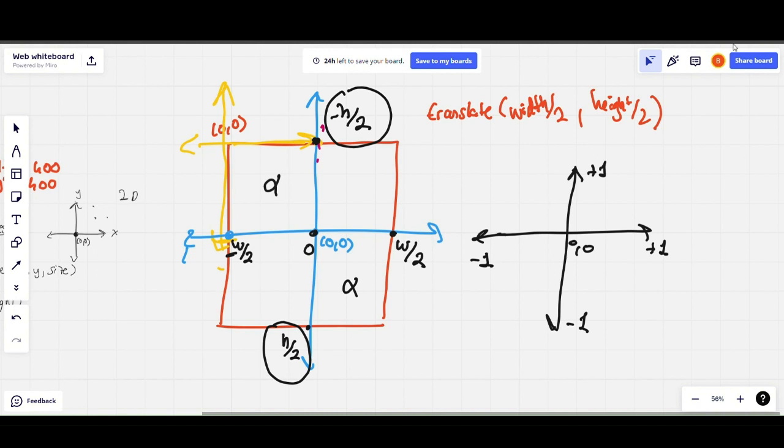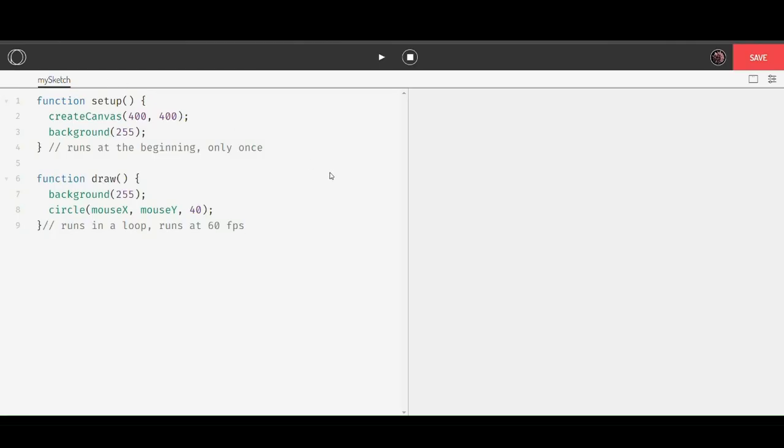So let's have a little demonstration. If you go back to our initial sketch, if I change these from mouse locations to 0 by 0, we see that at least a quarter of the circle gets drawn at the upper left corner.